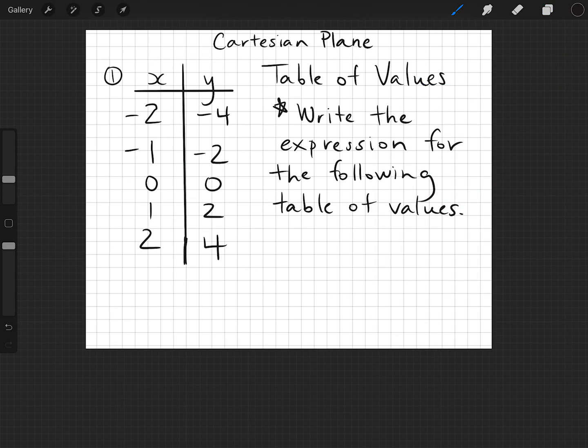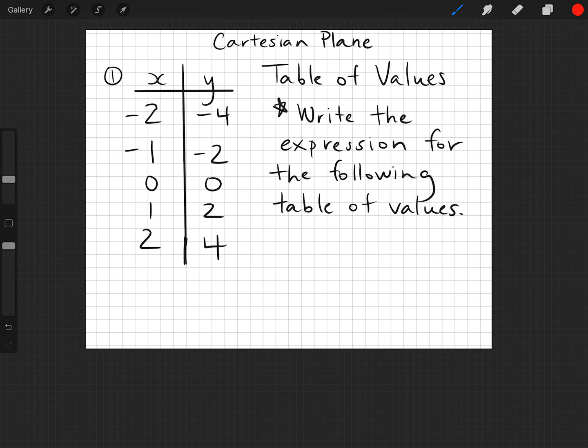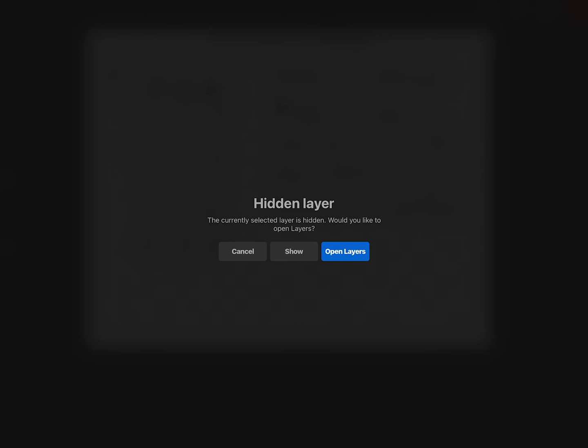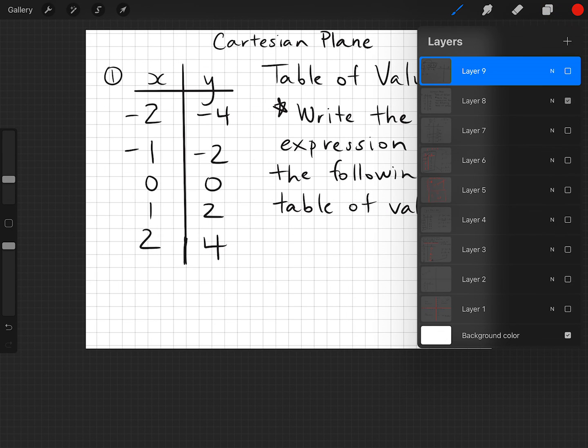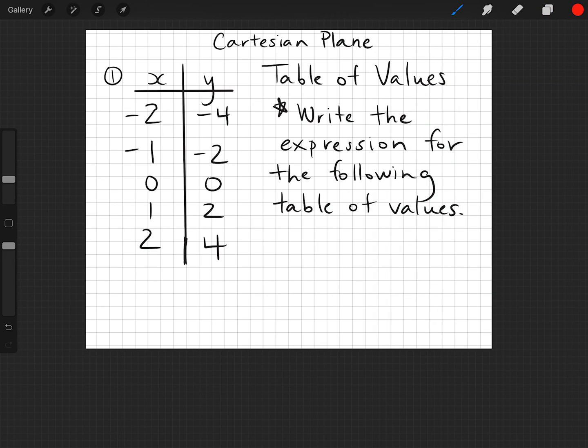So going back to this table, what we are trying to determine is, if I have y, I'm doing something with the x to make it equal the y. So in my head, I already know what y equals in this case, right?